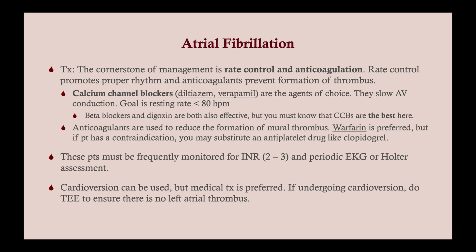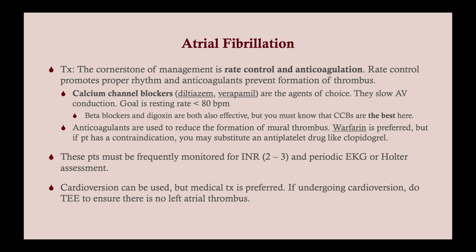So those are the agents of choice, and they slow down AV conduction. The goal for rate control is a resting rate of less than 80 beats per minute. As mentioned, beta blockers and digoxin are also effective, but you need to know that calcium channel blockers are the best treatment of choice for atrial fibrillation.